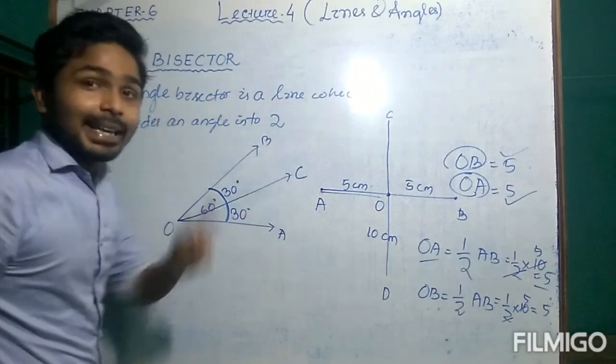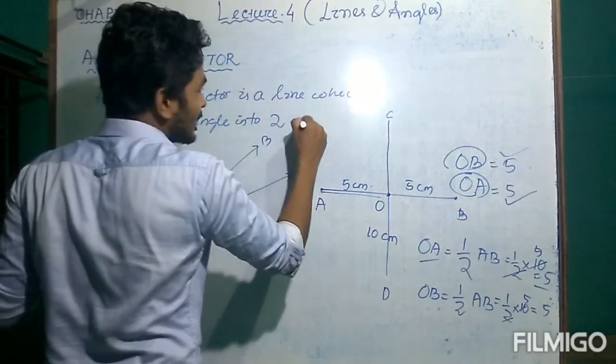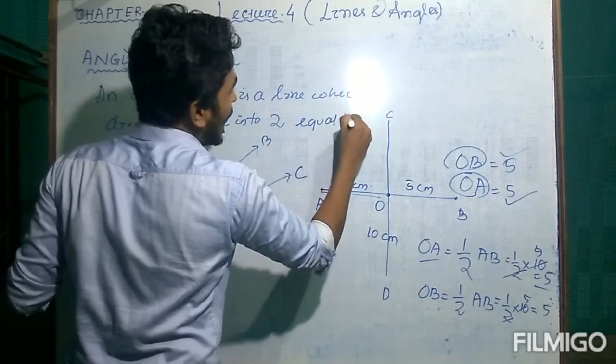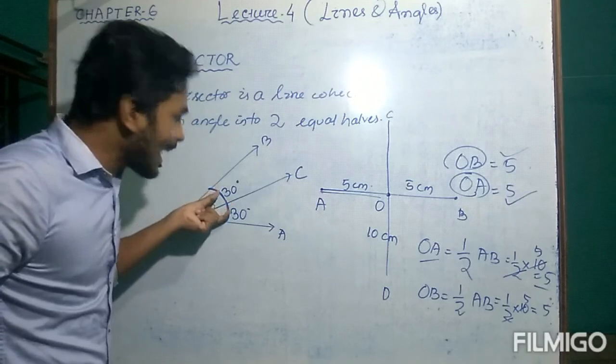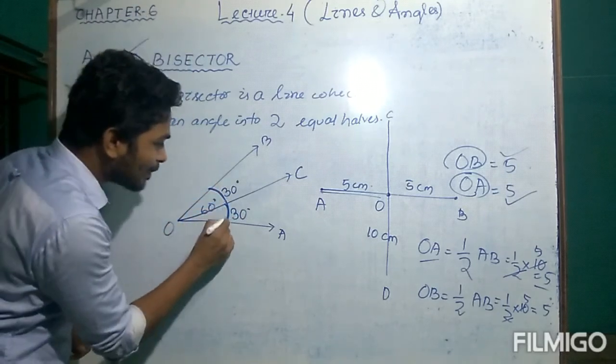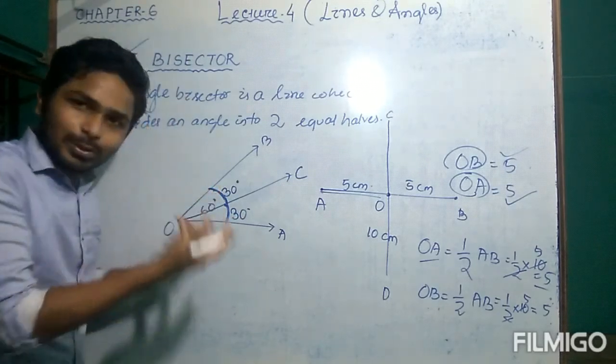Into two equal halves. The two halves that we get are also equal. This half is 30 degree and this half is also 30 degree.